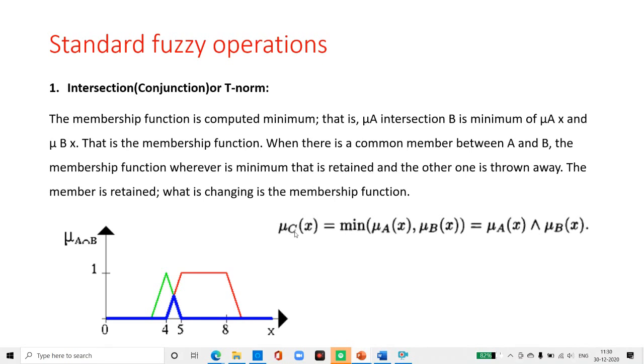Here we are generating another variable, mu of C of x, and we have to find the minimum value. In the intersection, we use the minimum function.